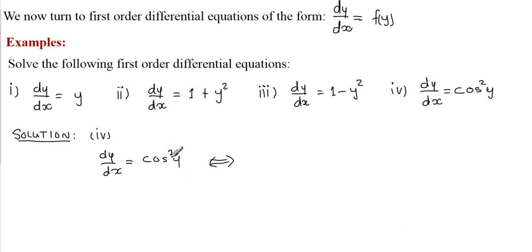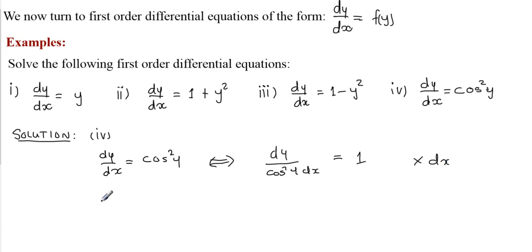What you can simply do is rewrite this equivalently by dividing both sides by cos squared y. You would write this as dy over cos squared y dx equals 1. We are still not ready to integrate, so we can multiply both sides by dx.